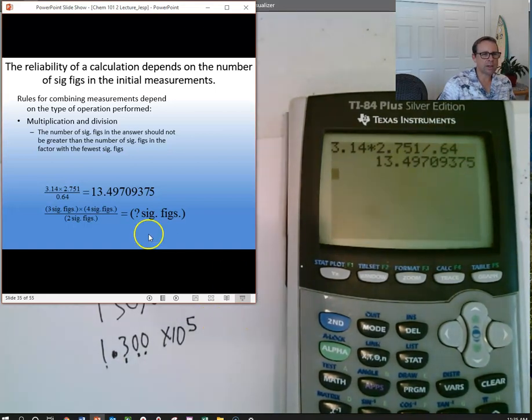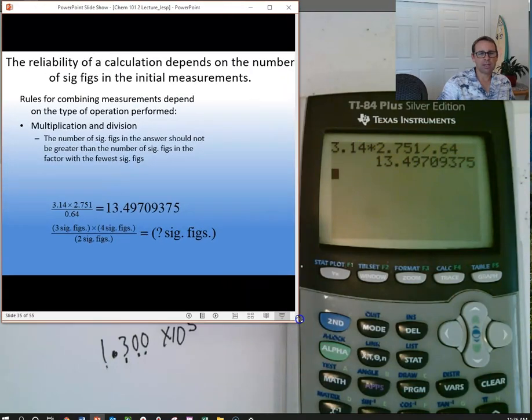If I do that, the calculator spits out 13.49709375. But the calculator thinks that I'm just dealing with numbers. It doesn't know I'm dealing with measurements. These are actual measurements of something. And that there's a limit to the number of significant figures that my answer should have, because these are all measurements.